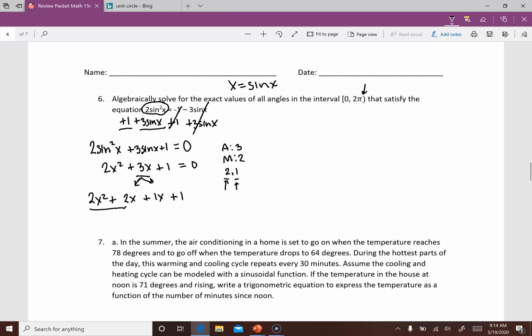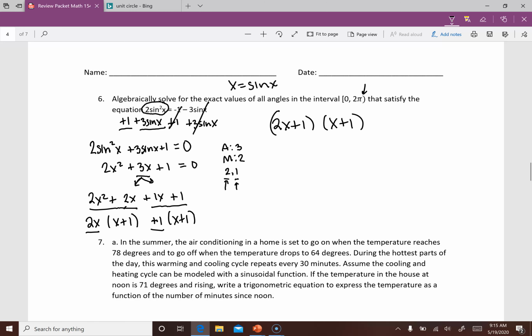Now underline and underline, and here we've got 2x, and then this is going to be x plus 1. And as soon as I write x plus 1, I better write it over here, and that's going to be a plus 1 here. So that's going to factor to 2x plus 1, because I just took this 2x here and that plus 1 and pulled it out. And then, of course, I have an x plus 1 as well.